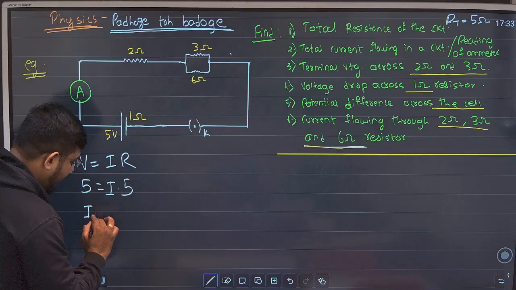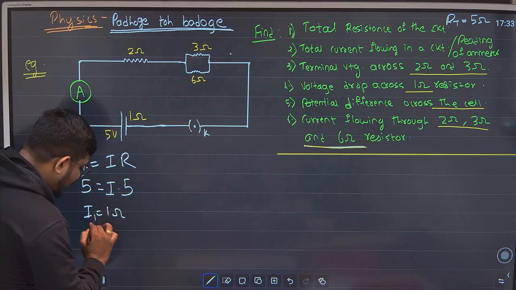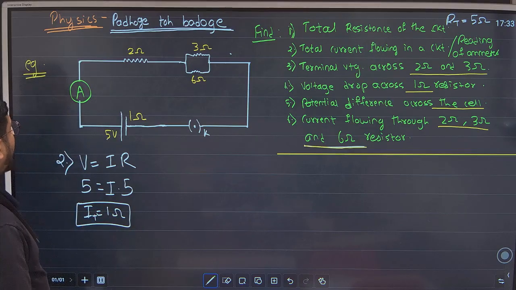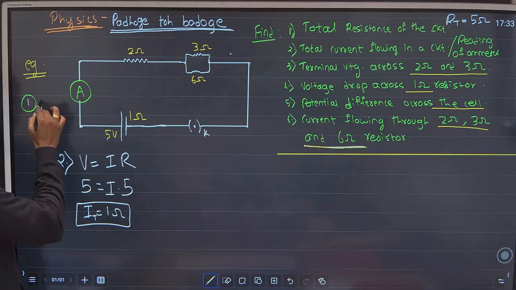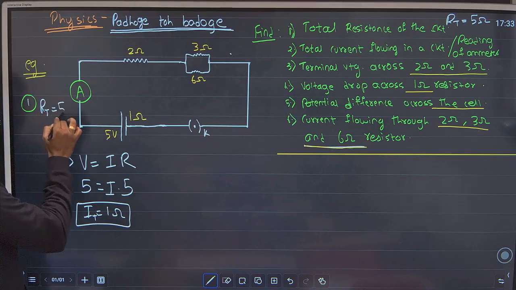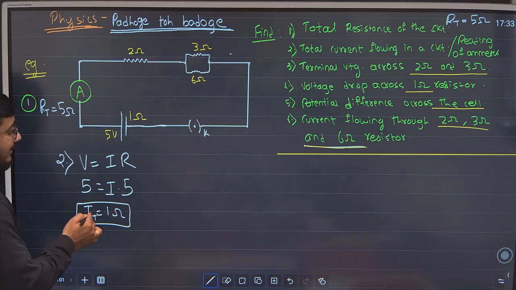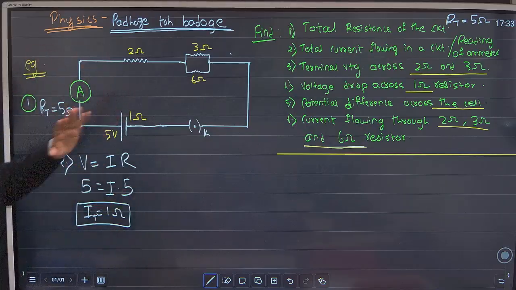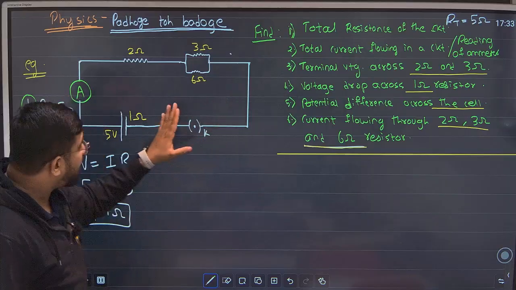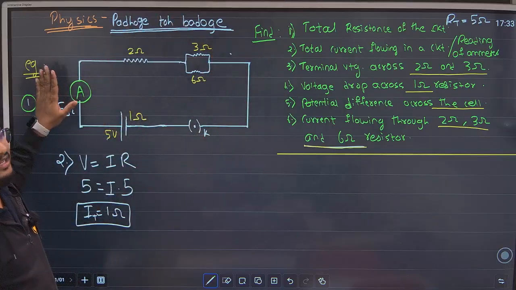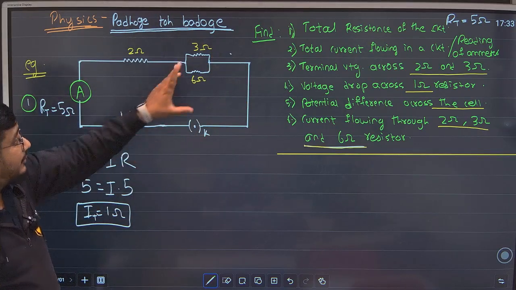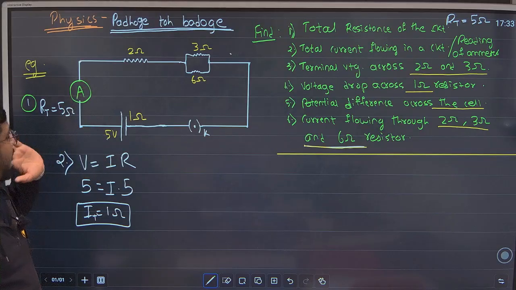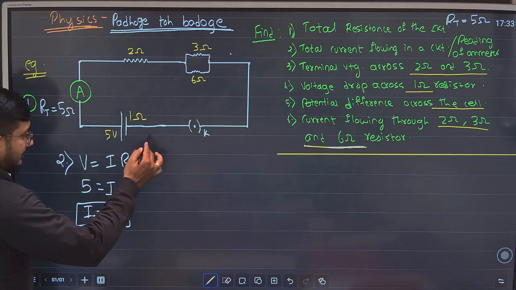So I will be 1 ampere. This is the total current flowing in the circuit. First we got the total resistance, 5 ohm. Now we got the total current, 1 ampere. Easy. Because this is total, we have to take the whole circuit's voltage and resistance. We know the voltage 5 volt, we got the resistance, and we got the current flowing in the circuit. Done.